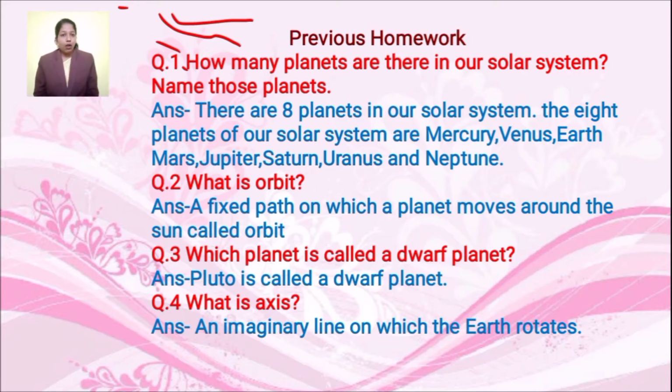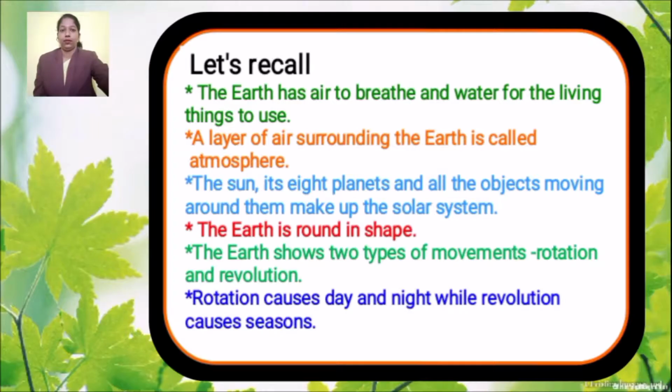Now let's recall once again what we have learned in the previous chapter. The earth has air to breathe and water for the living things to use. A layer of air surrounding the earth is called atmosphere.